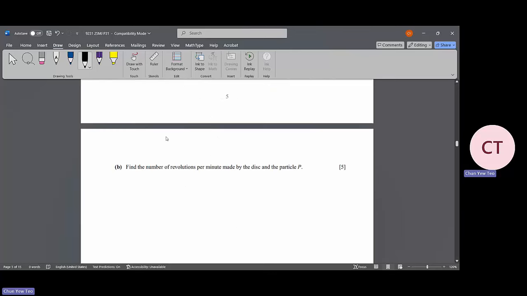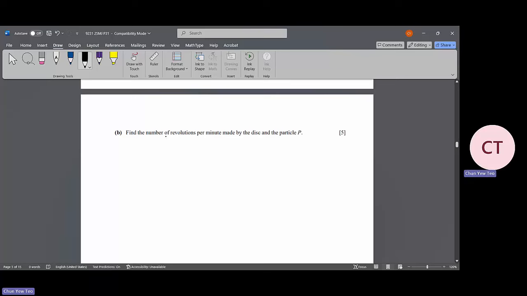Now we move on to part B. Find the number of revolutions per minute made by the disc and the particle. To find the number of revolutions per minute, we need to find the omega, the angular speed. To find it, we resolve the forces.